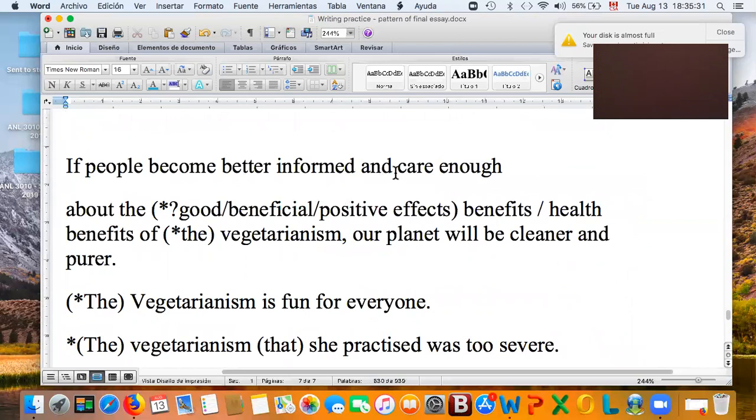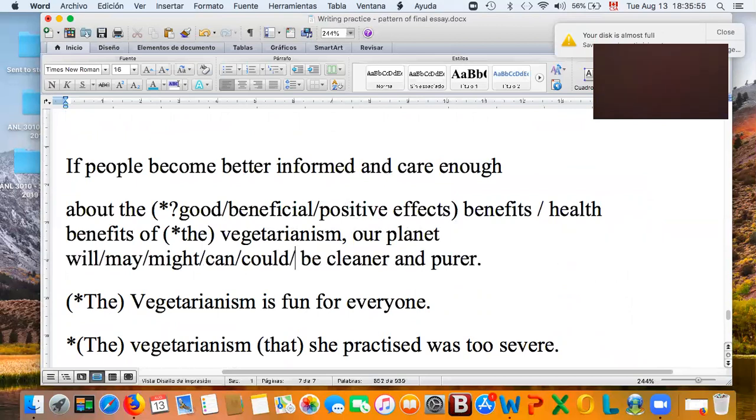If people become better informed and care enough about the benefits or the health benefits of vegetarianism, our planet will, what were the other ones? May, might, can, could, shall, should, but not would.